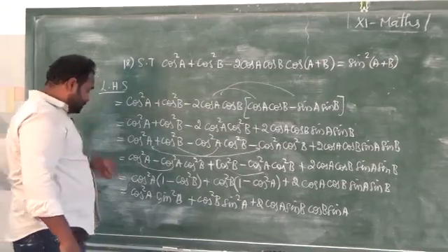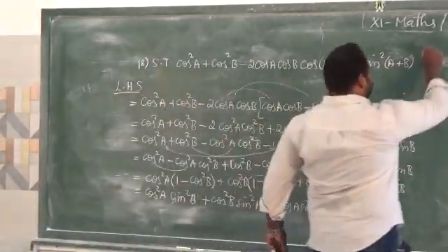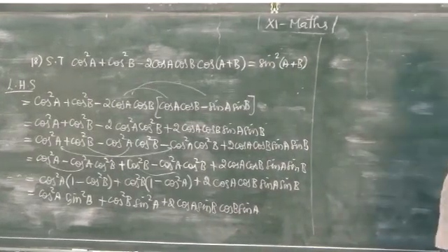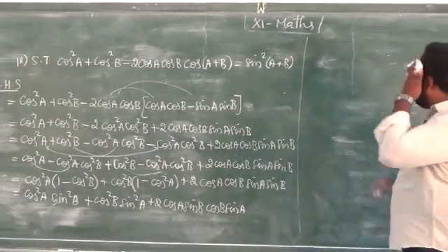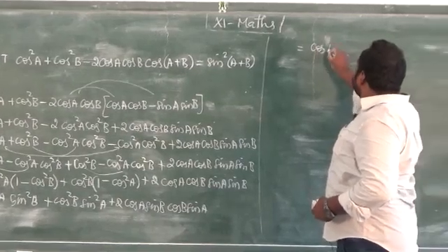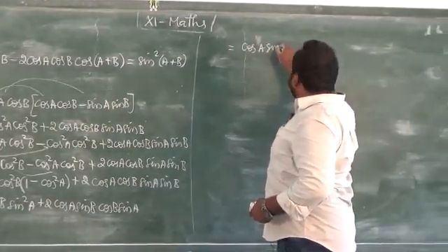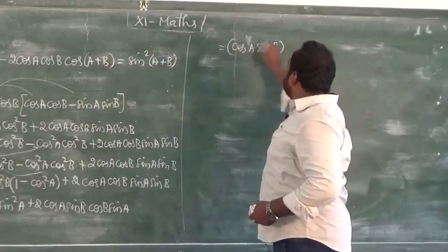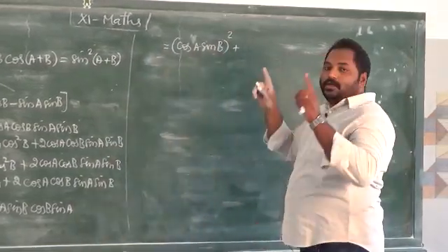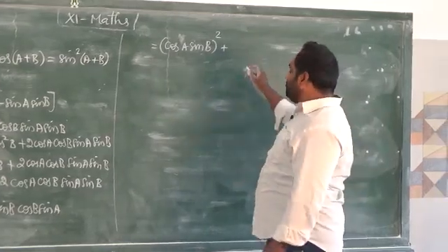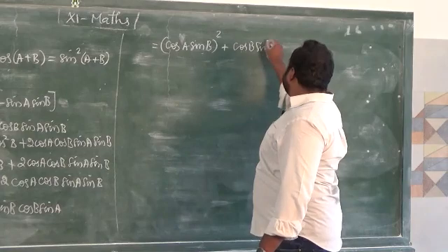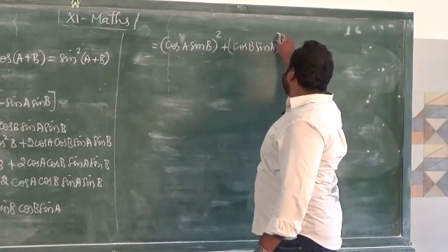Now cos²A sin²B can be written as (cos A sin B) whole square. Am I correct? I am taking the power as a whole power. Same like that, cos²B sin²A is (cos B sin A) whole power 2.